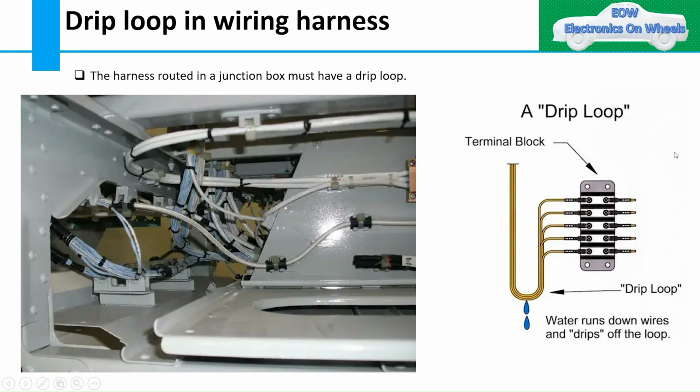Same thing I am trying to say here. If your wiring harness is like this and water comes, then it will always go inside this junction box, and it will affect it over the years. So we have seen the harness routed in a junction box must have a drip loop.